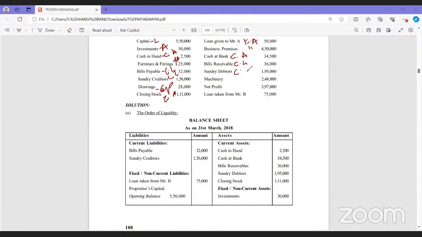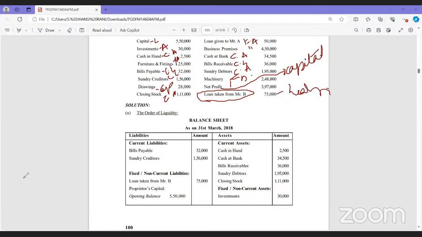Sundry debtors is also a current asset. Machinery is a fixed asset. And net profit we will add to the capital. And loan taken from Mr. B is a liability to us.